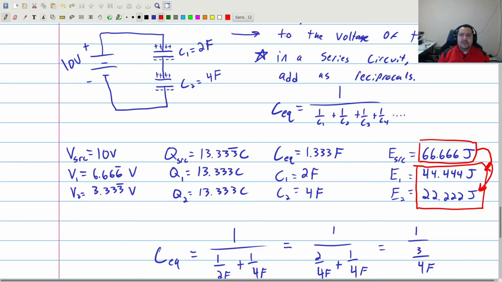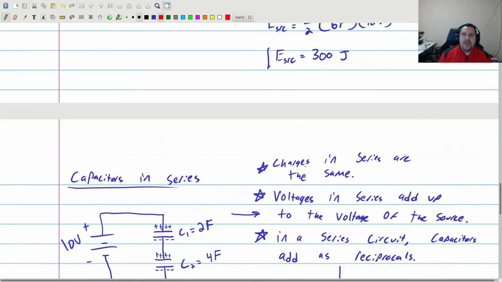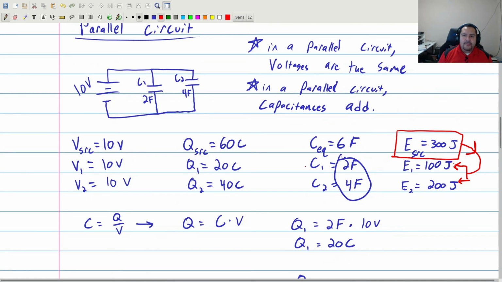Now, just as a quick comparison, we want to see something. In series, the equivalent capacitance is smaller than either of the two originals. So 1.333 is smaller than both 2 and 4. Whereas in parallel, CEQ, the equivalent capacitance, is larger than the two because they add.